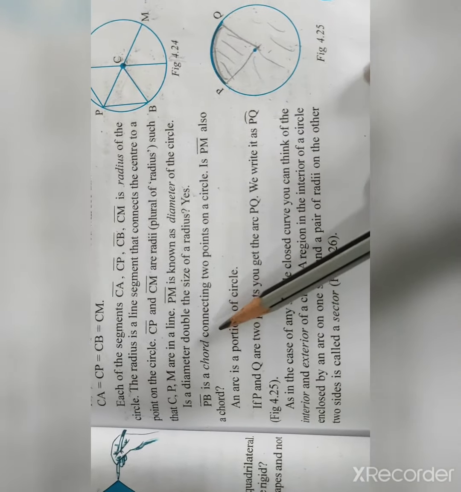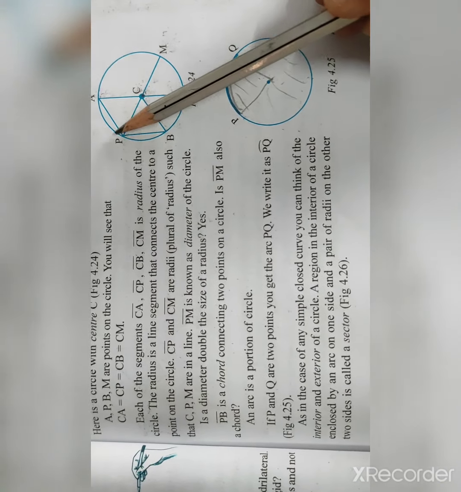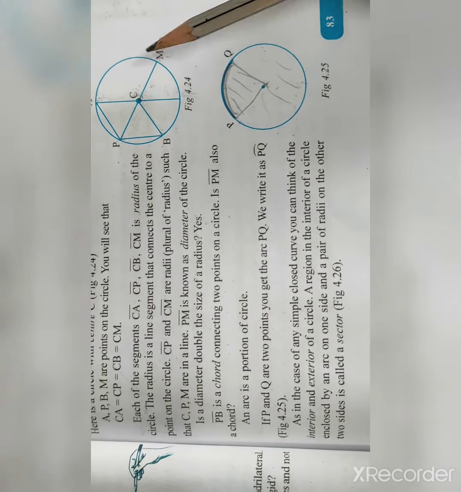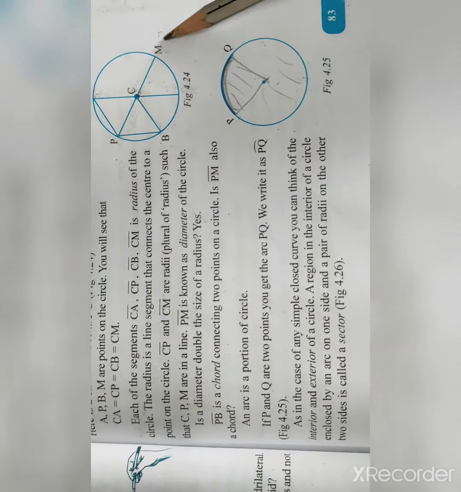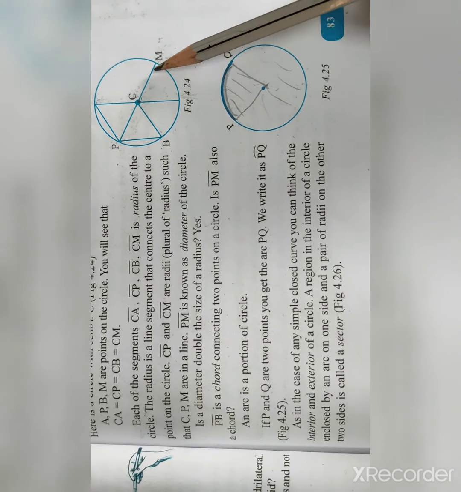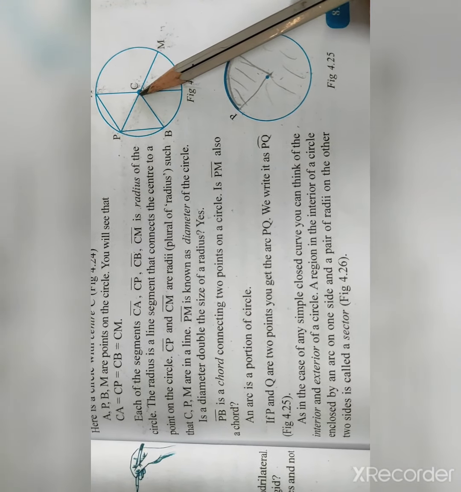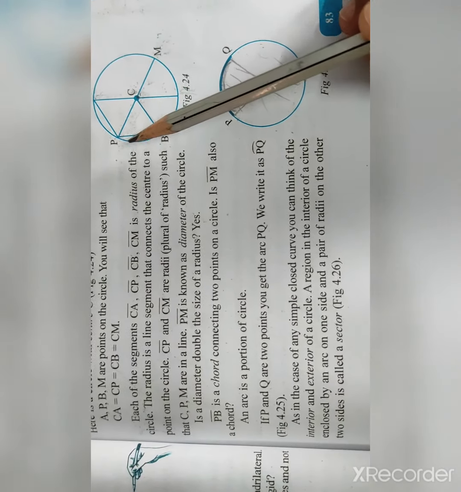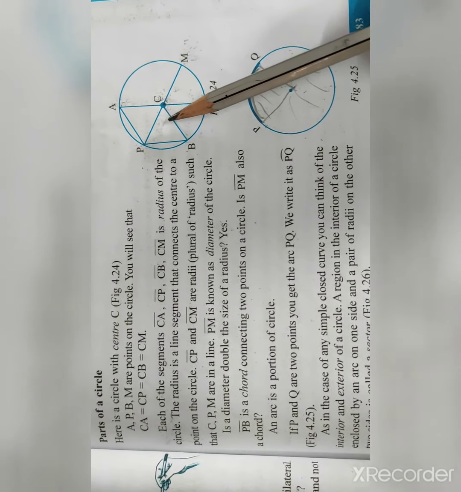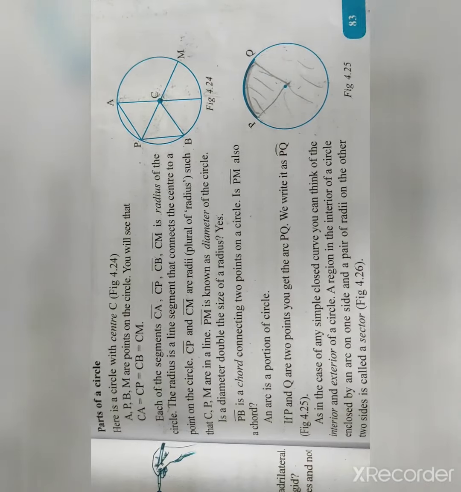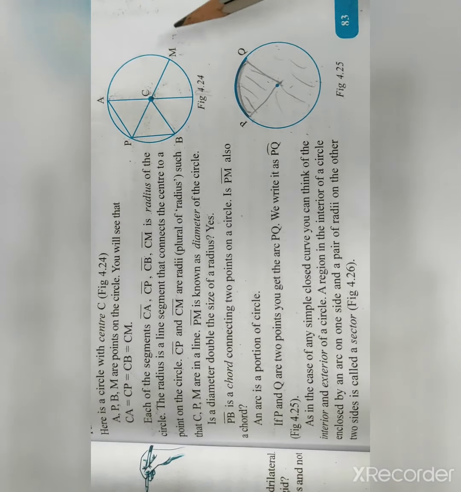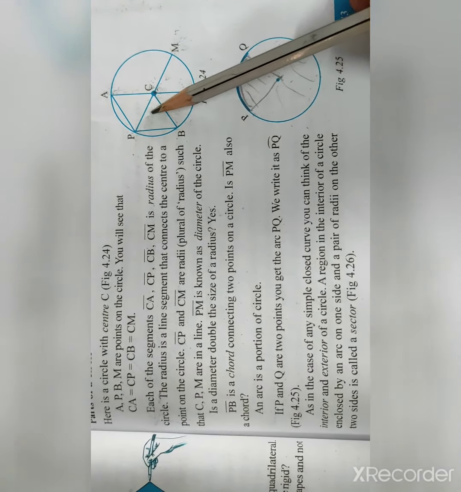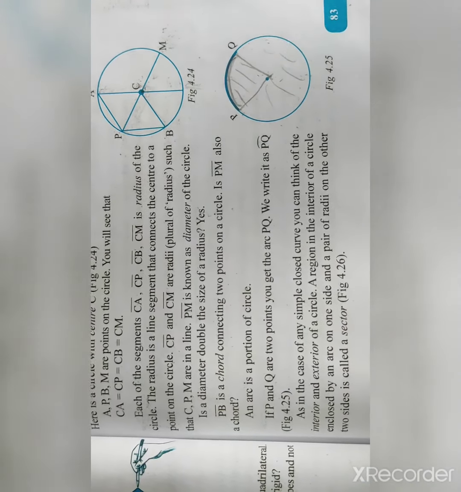According to the definition of chord, it connects two points on the circle. The difference is that this line segment passes through the center of the circle. It is also a chord, but we give it the special name diameter because this chord passes through the center of the circle.